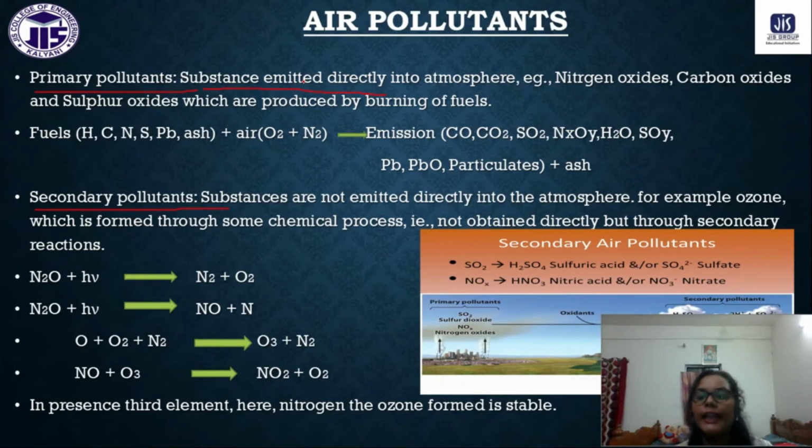When they go beyond the limited amount, that is when they create pollution, and that is called a primary pollutant. Burning of fossil fuels emits these gases, and thus they increase the amount of these gases in the environment, which is harmful.